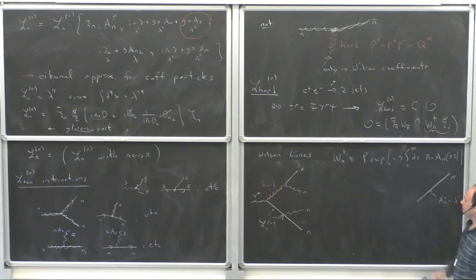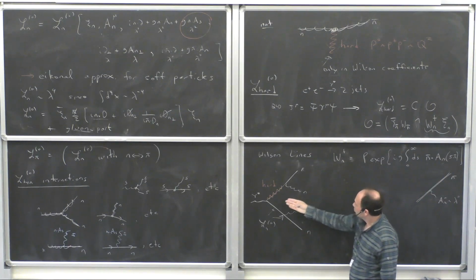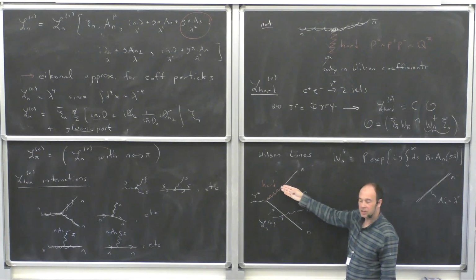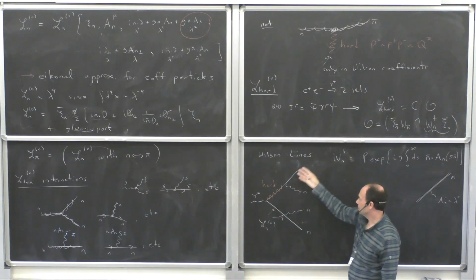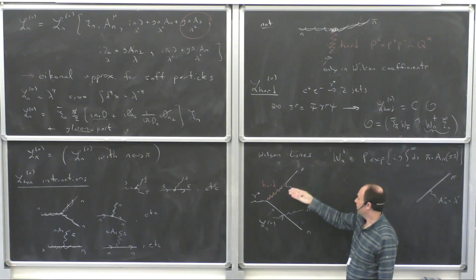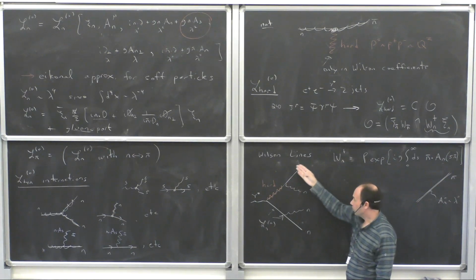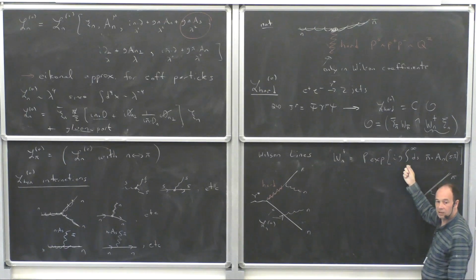And the reason physically what's happening is you can say as follows. When these n-collinear particles probe the color charge in this very different collinear direction, they don't see the details of what's going on. What they see is just the overall charge of those particles and the direction. Well, they don't even really see the direction. They just see some overall properties of those particles, and those properties are all captured by this Wilson line.